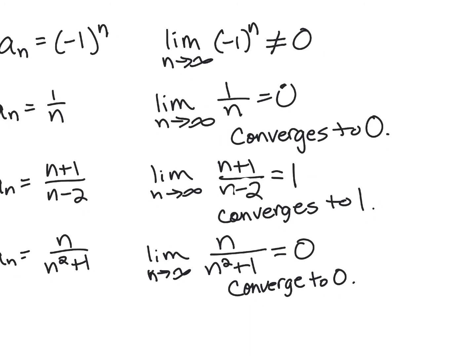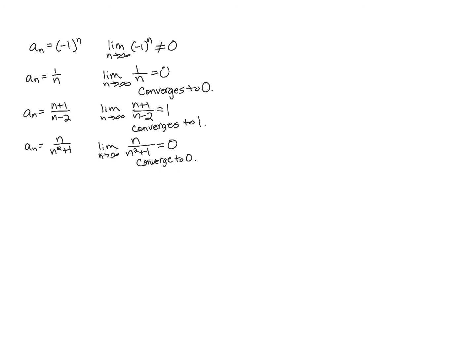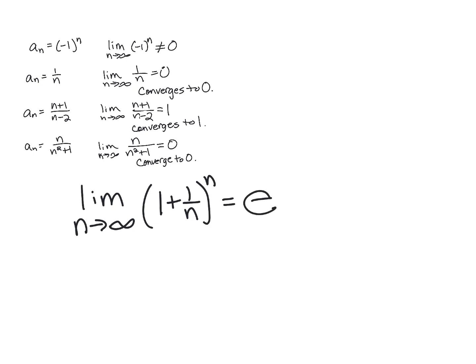Now I want to show you one really cool sequence and its limit. It's just really cool. The limit as n goes to infinity of (1 plus 1 over n) to the nth power equals, da da da da, e. That is the most awesome thing ever.